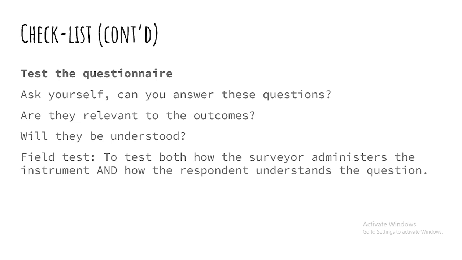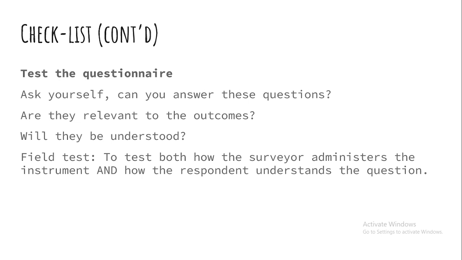So we continue. Then after, you have to test your questionnaire. It's called the pilot test. You can do a pilot test and ask yourself these questions and see if they're relevant to the outcomes, if they're easily understood. So before you go to the field, you have to do a pilot test of your questionnaire to know where to improve in the questionnaire.